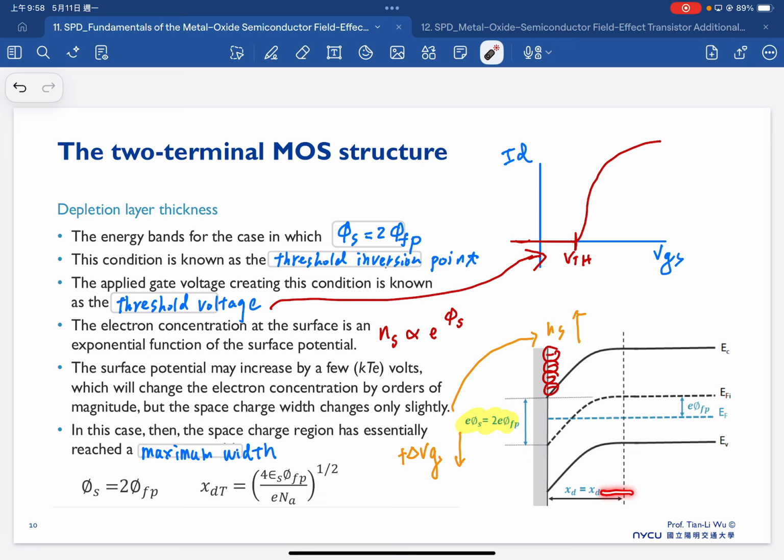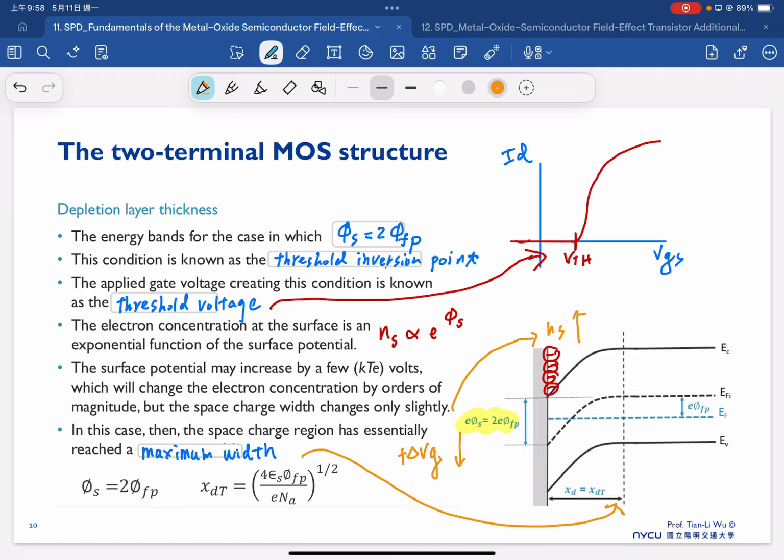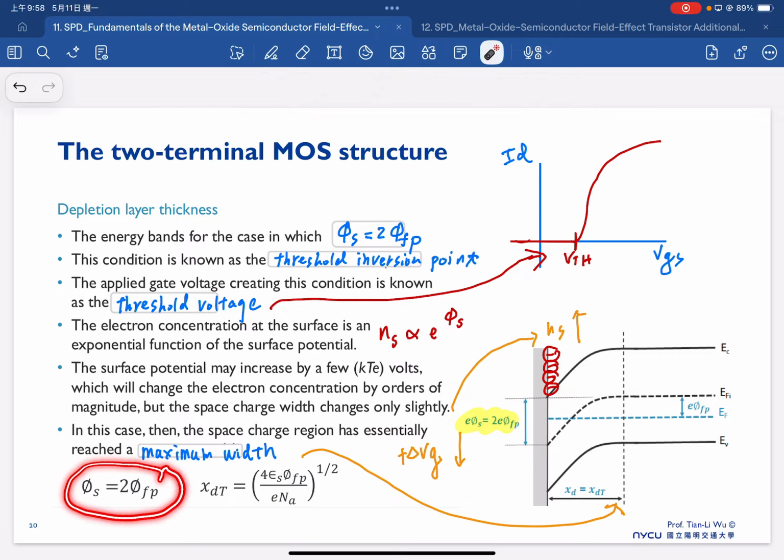Therefore the charge in this depletion region won't change anymore, and that means it has reached a maximum width. By considering these phases, we can put phi s equal to 2 phi fp, and now we can estimate the maximum depletion, the maximum space charge width, as shown here.